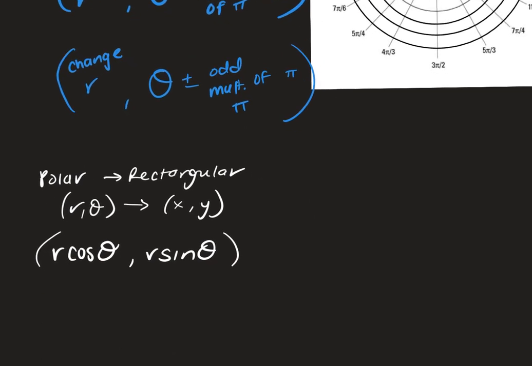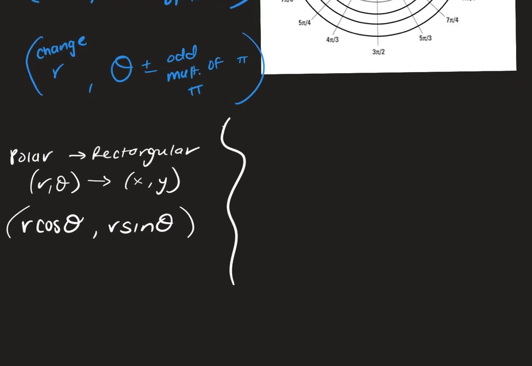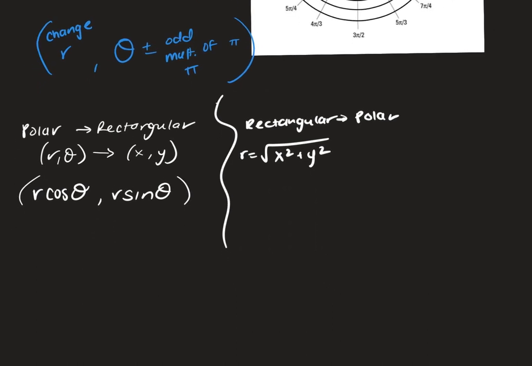Yeah. All right, then we went from rectangular to polar. And this kind of broke into 2 parts. To find the r, we do the square root of x squared plus y squared. And to find theta, the tan of theta equals y over x.